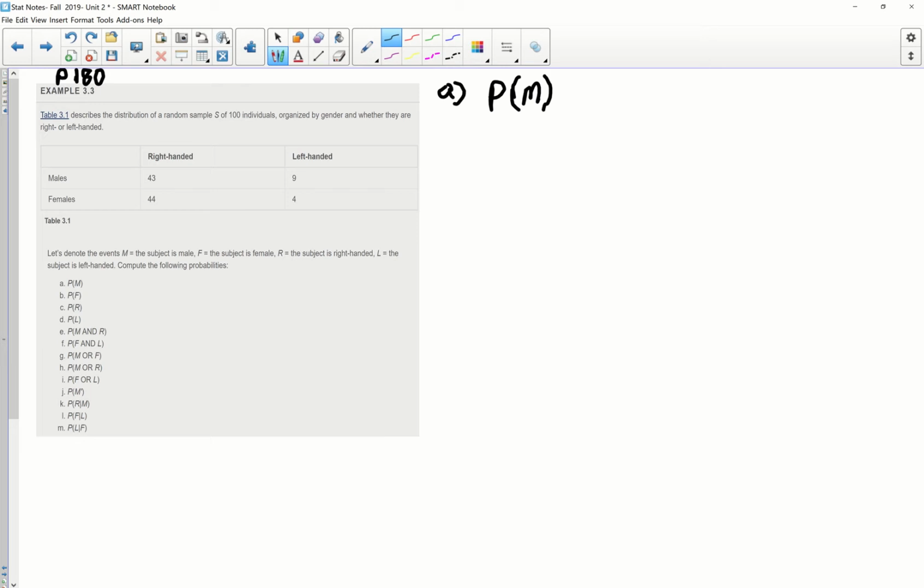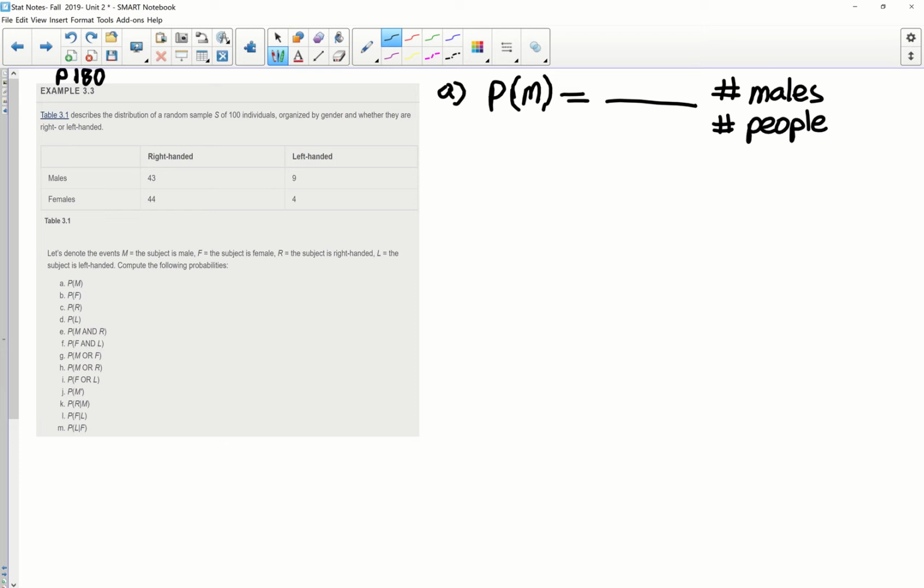Now, it's a good question, but it doesn't seem like we have all the information, because if we're talking about probabilities, we're talking about the number of ways in which you could be successful. So the number of males over the number of people.